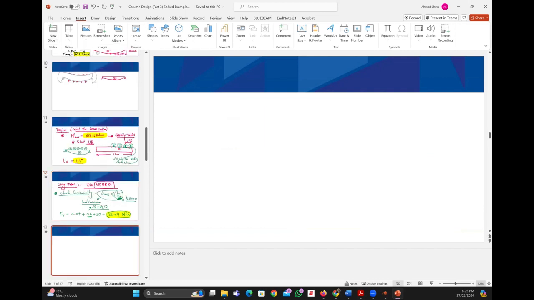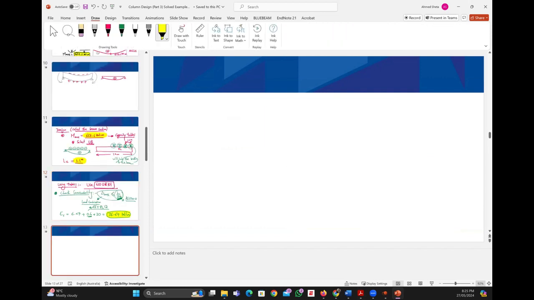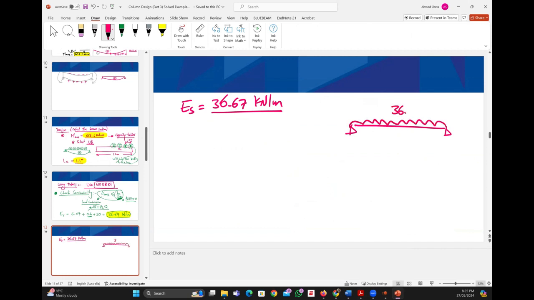Okay, so again, W is equal to 36.67 kilonewton per meter. So how can we calculate the deflection? If you have a simple beam with a uniform load of 36.67 kilonewton per meter, where will the maximum deflection be?